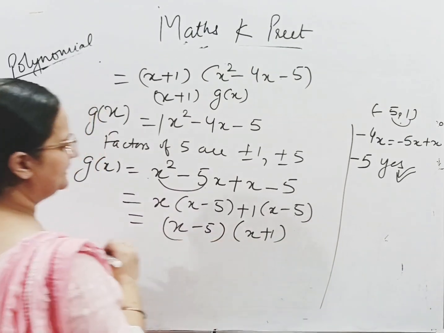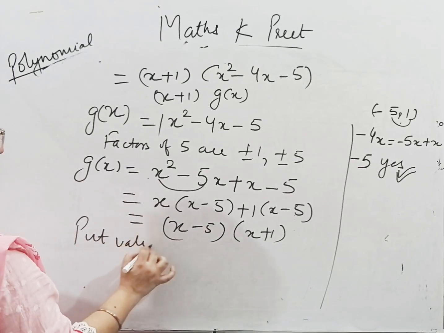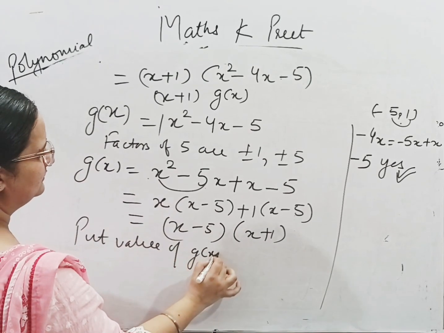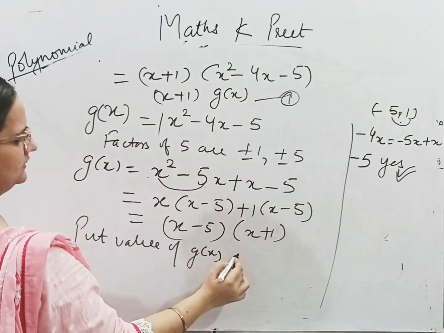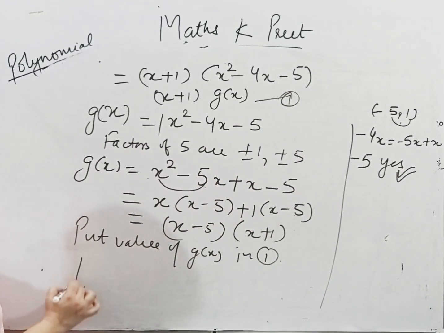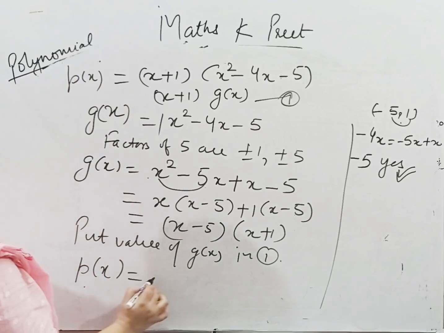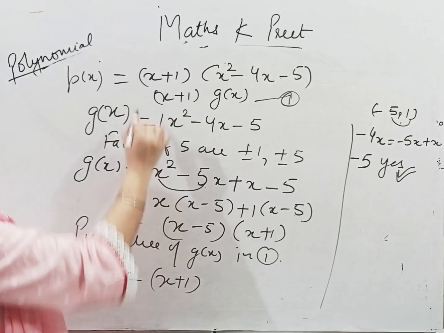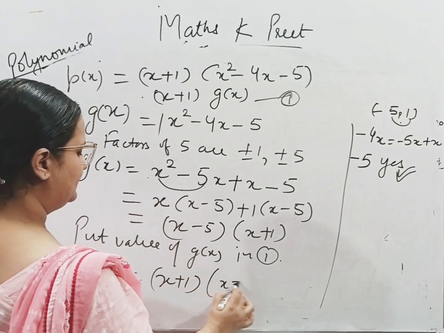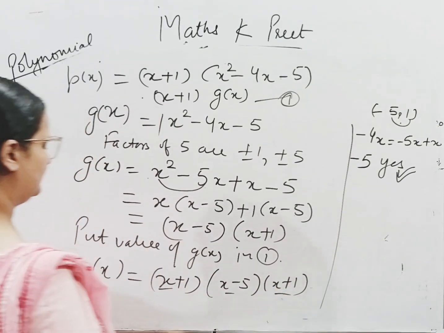We are left with x plus 1. Mark it as number 1. So p of x, this was our p of x, is equal to x plus 1 as such. The value of g of x is x minus 5 and x plus 1. It was a cubic. We have 3 factors.